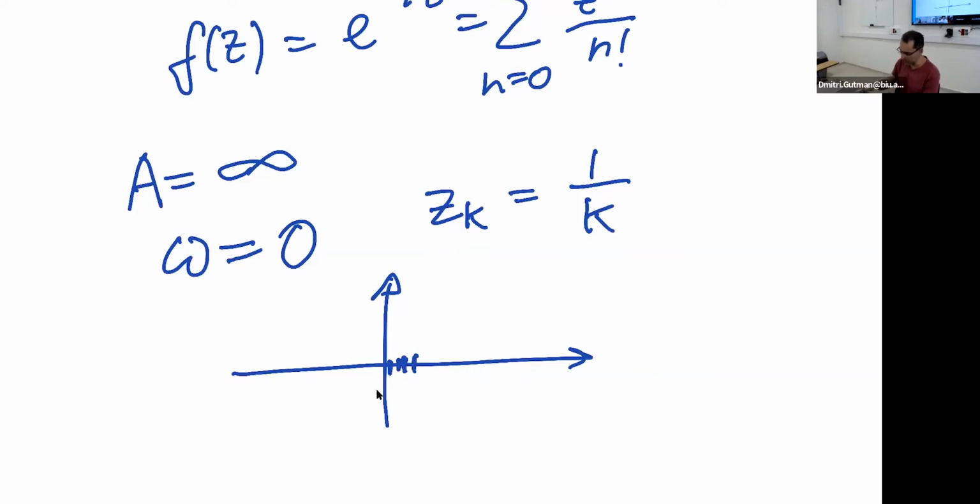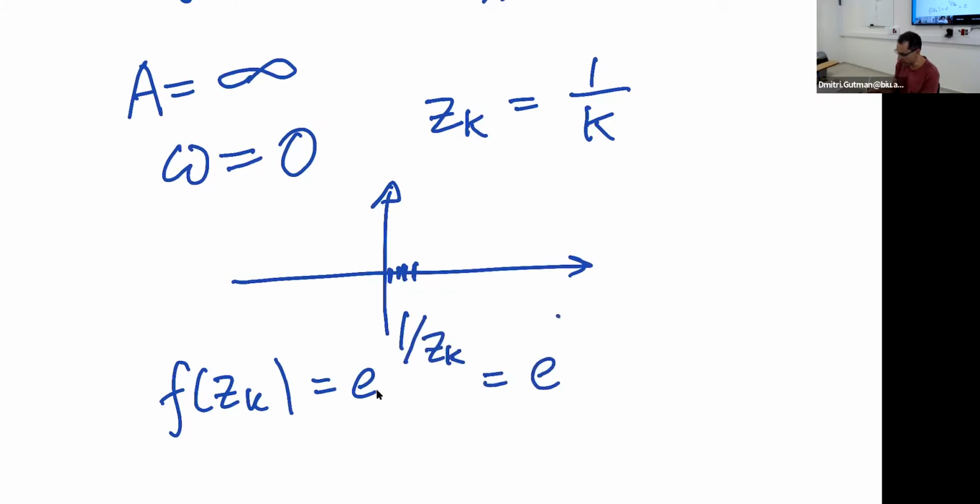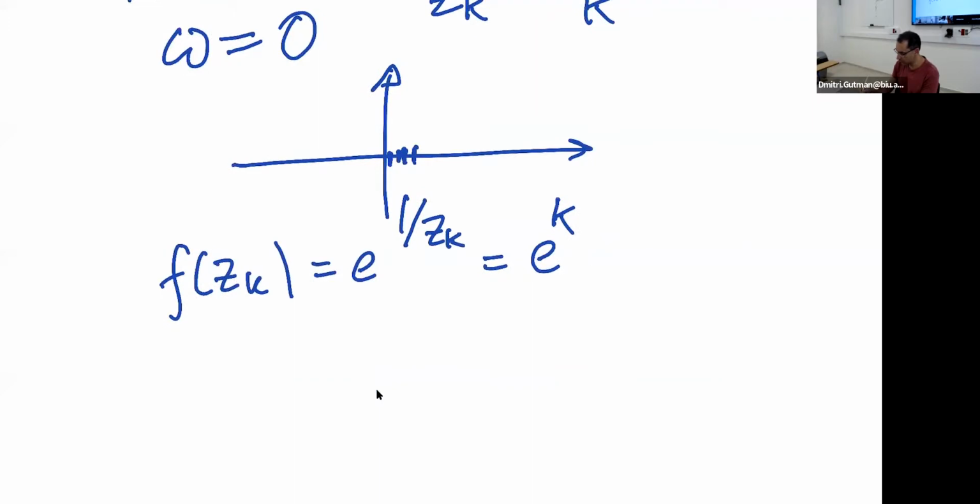And my spacing becomes smaller and smaller. So obviously f at point zk is equal to e to the 1 over zk, which is equal to e to the power k. Obviously this goes to infinity as k goes to infinity. So if we want to have a series with a limiting value infinity, I constructed such a series for you.